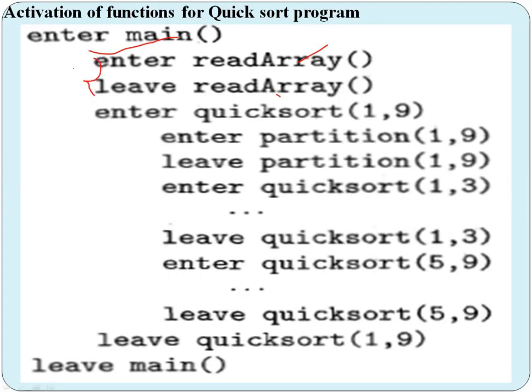Then main calls the quicksort function. The quicksort function calls the partition function using some parameters, and it is completed. After that, it calls quicksort using some values as parameters, and so on. These calling sequences are represented in the form of a tree structure.